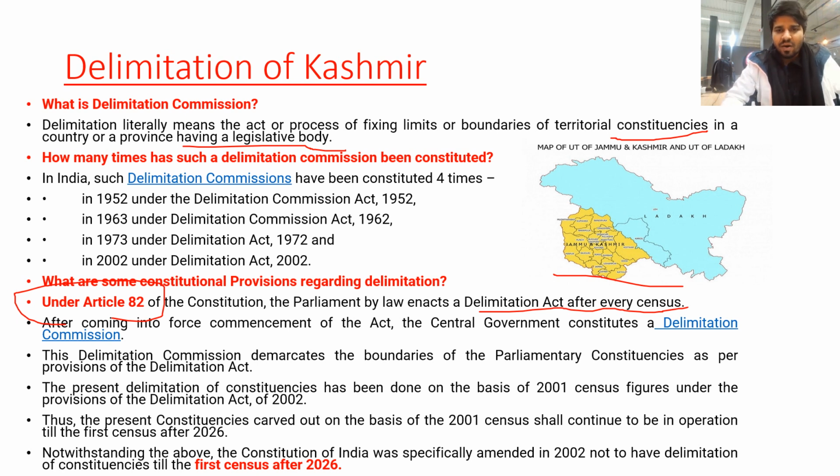The Delimitation Commission demarcates the boundaries of parliamentary constituencies as per the 2002 Act, and the census used is 2001, right? The present constituencies carved out on the basis of the 2001 census shall continue to be in operation till the first census after 2026, right?